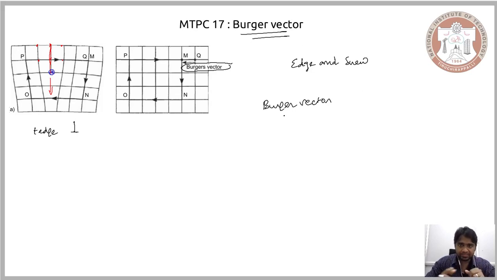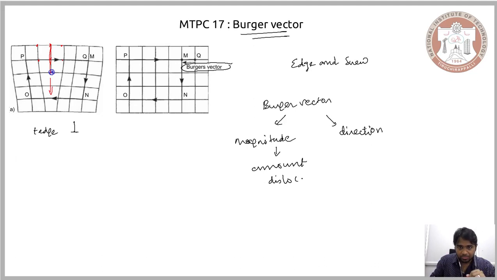Now, like any vector, this comprises a magnitude and a direction. The magnitude component of the Burgers vector helps us quantify how much distortion is introduced by a given dislocation.